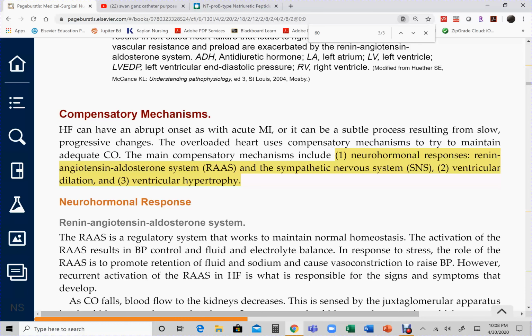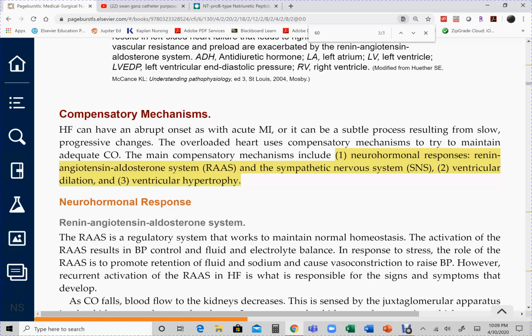And of course, your catecholamines, epinephrine, norepinephrine, will trigger increased heart rate and further vasoconstriction. Part of the response of the heart to low cardiac output is the increase in cardiac workload, which will cause it to dilate and hypertrophy.